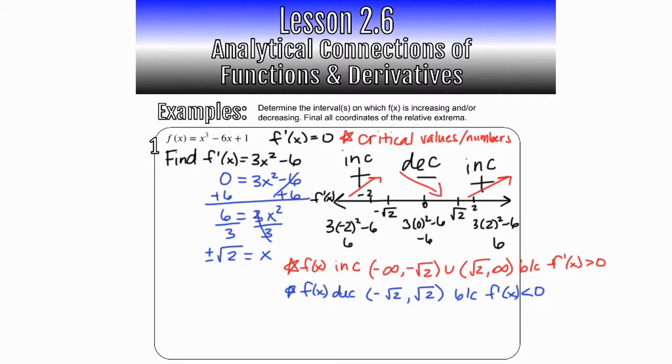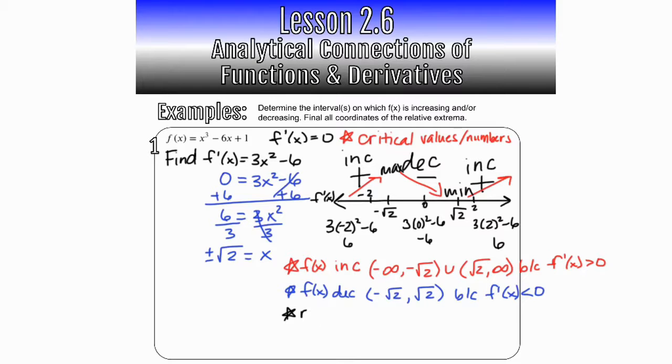And then we also can note the extrema. Remember, if the derivative goes from positive to negative, you can follow my little arrows. I'm going to have a max here, and I'm going to have a min here. And so therefore, I'm going to have a relative, make sure you note that.